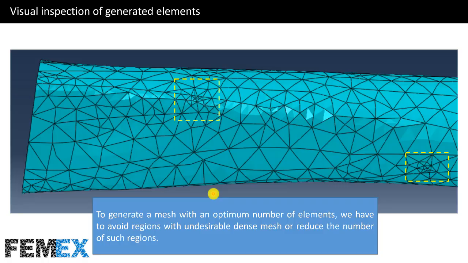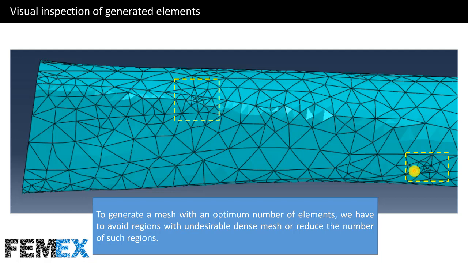Now I want to talk about visual inspection of generated elements. To generate a mesh with an optimum number of elements, we have to avoid regions with undesirable dense mesh or reduce the number of such regions. In this picture, I have specified two regions that include undesirable dense mesh.